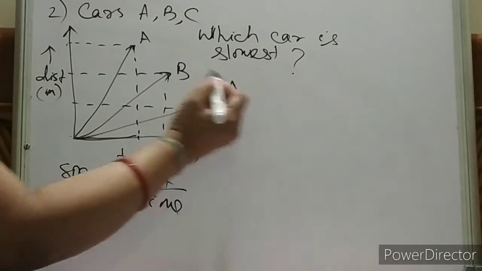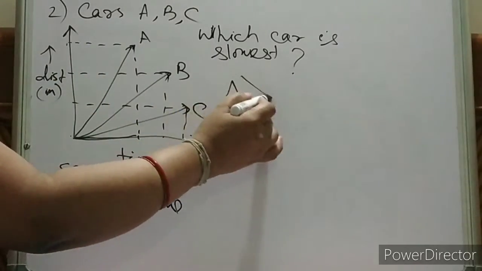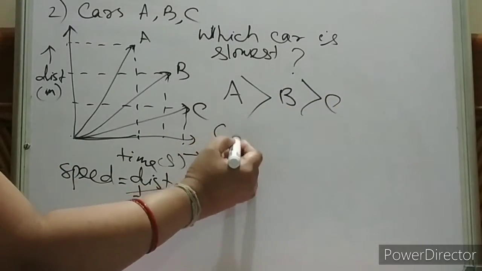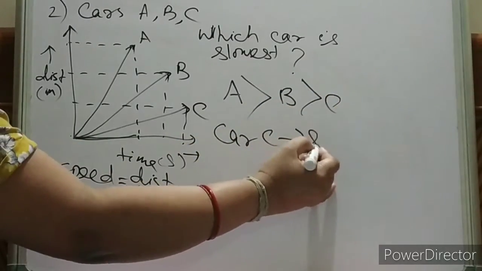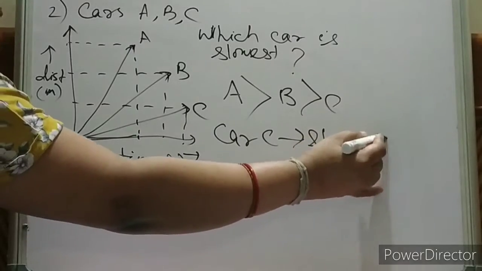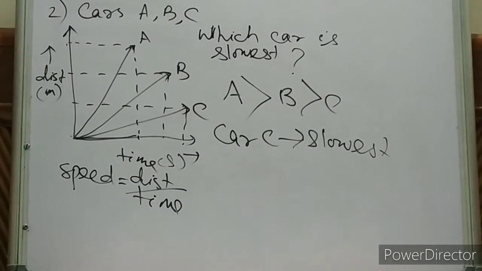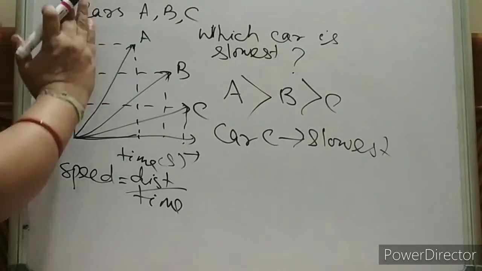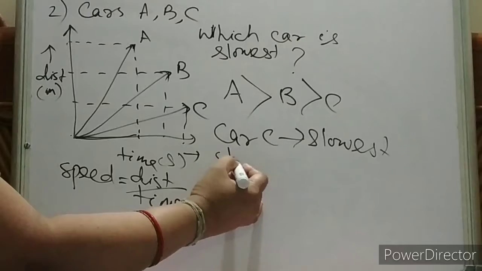So the speed of car A is the highest. So the answer will be car C is the slowest one. Got it? Or you can go for an easy method. This is the normal physics understanding. You can go for the shorter thought process, that is also under physics. That also I have discussed. You have to go for the slope. The sharper or steeper the slope is, the higher the speed.